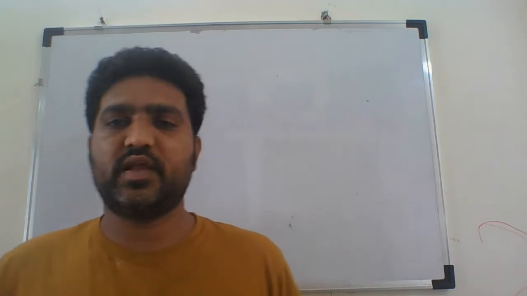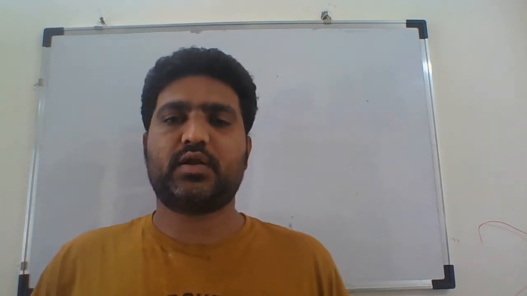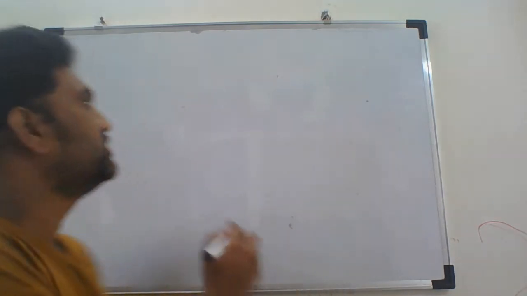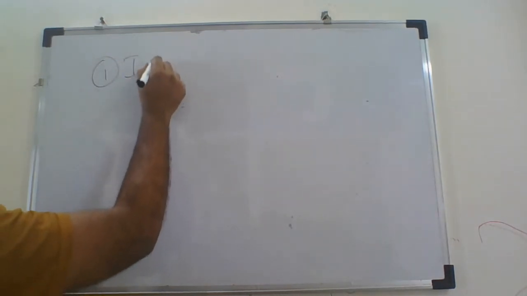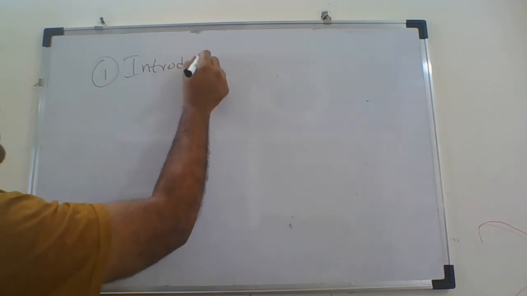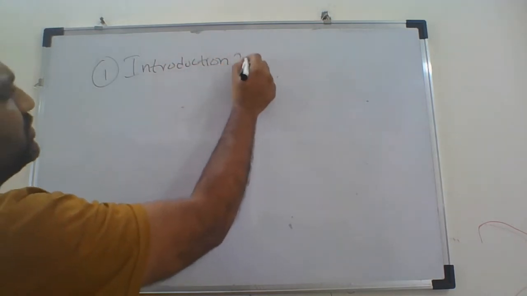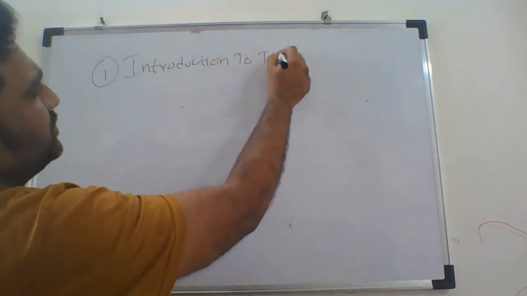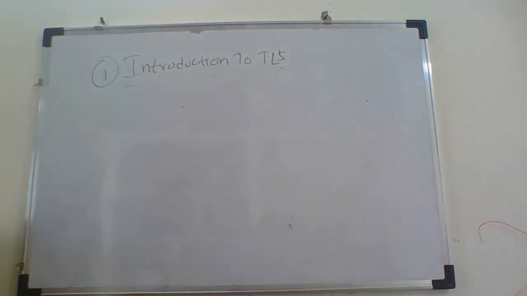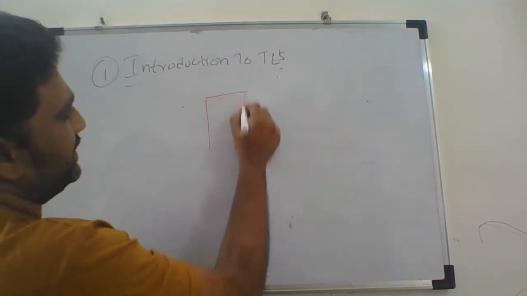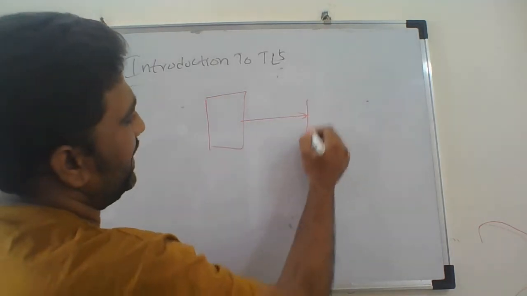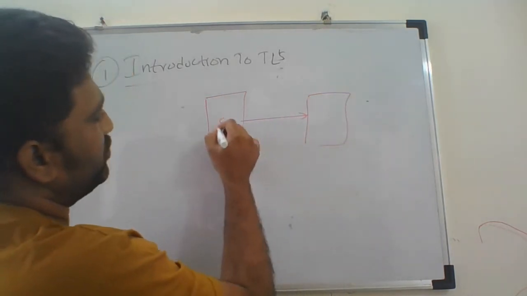So the transmission lines, as the name indicates, the first topic in this is the introduction to transmission lines. As the name indicates, transmission lines are basically a medium that is used for transmitting electromagnetic waves from the source to the load.